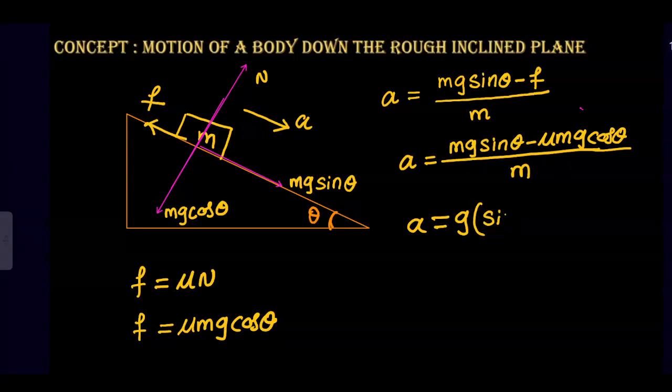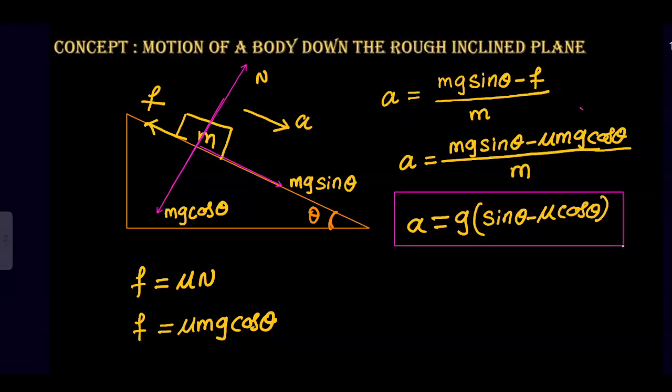You tell me now. Sin theta minus mu cos theta. This is a very, very important relation. The acceleration of a body down the inclined plane will be equal to this much. Try to remember this formula. Whenever the body is sliding down, acceleration is this much.